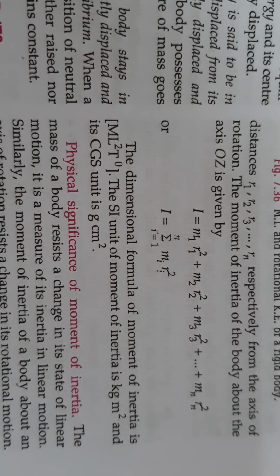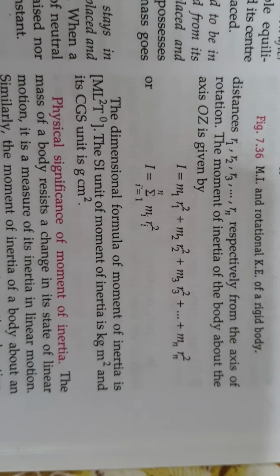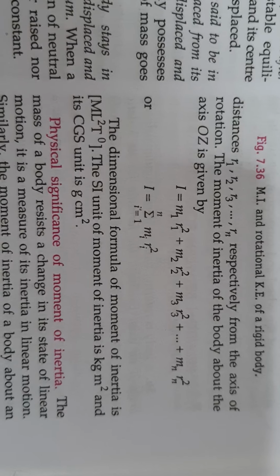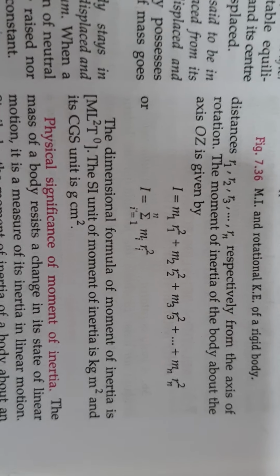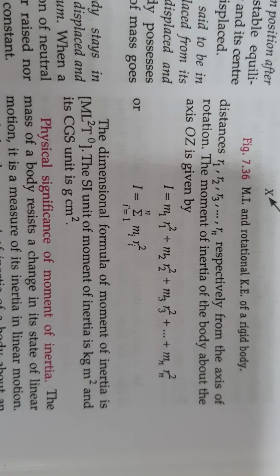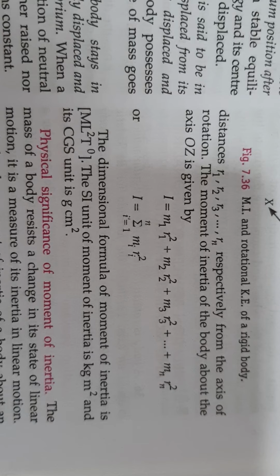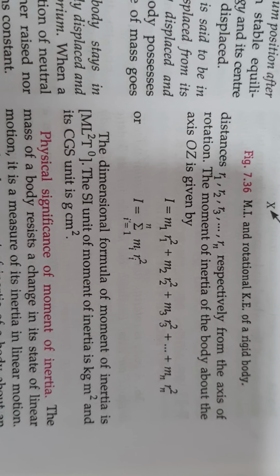So what is the SI unit of it and the dimensional formula? Remember, mass is a scalar quantity, moment of inertia is also a scalar quantity. Its SI unit is mass in kg times r square, distance in meter square.